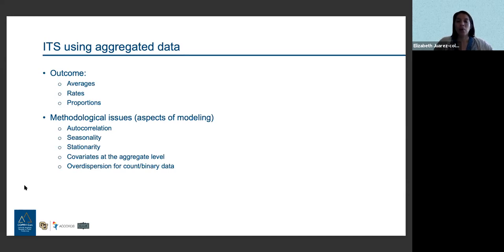The usual, or almost the same, issues come up as with individual data, but some that I would say are particularly more important in the case of aggregated data is, one, serial correlation, particularly if we are just summarizing the data at the population level.